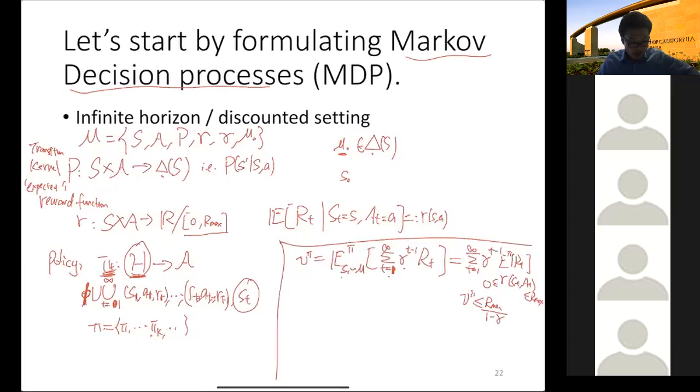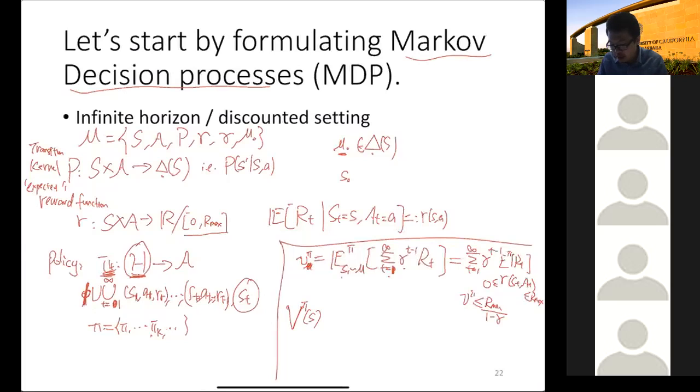There's one more thing to define here, which is the so-called value function. I'm using the capital letter V rather than the lowercase letter v to denote this. Sorry, there should be an index of pi.